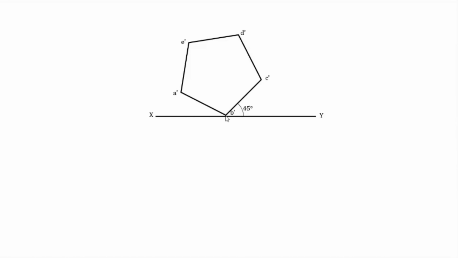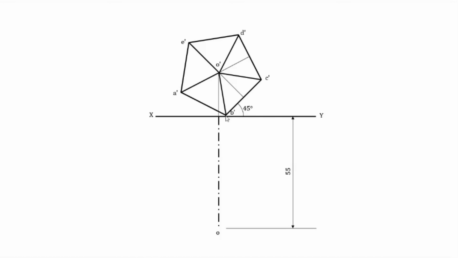Since it is the front view, we give the dash symbol also. Then find the apex, that is the centroid of this pentagon. O dash is found out. Then join O dash with all the 5 corners. Then the apex in the top view is obtained at a distance of 55 millimeters from the XY line.